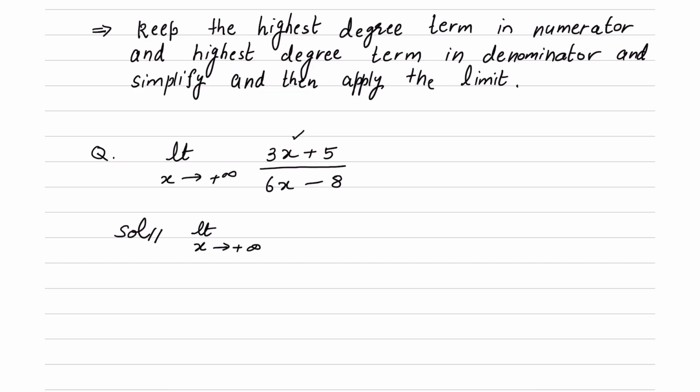So the highest degree term here is 3x. So we will keep the highest degree term in the numerator divided by the highest degree term in the denominator, which is 6x. In the denominator we have an x to power 1 term and an x to power 0 term, which is the constant. So we kept the highest degree term, which is 6x.